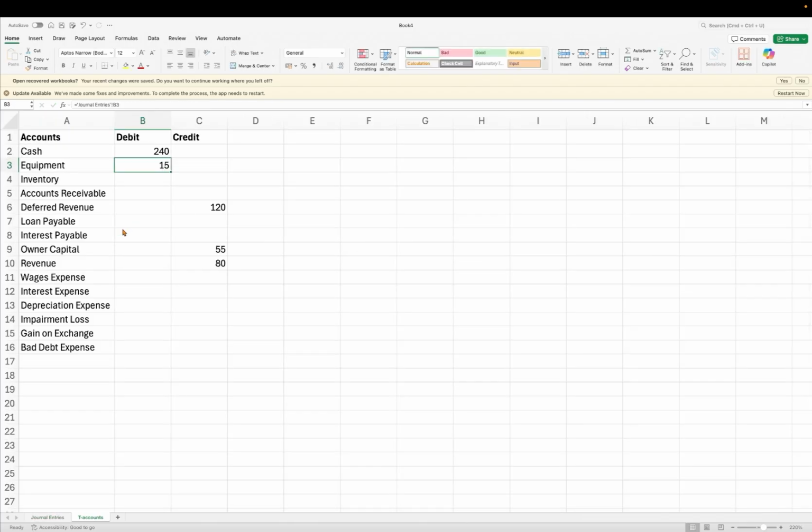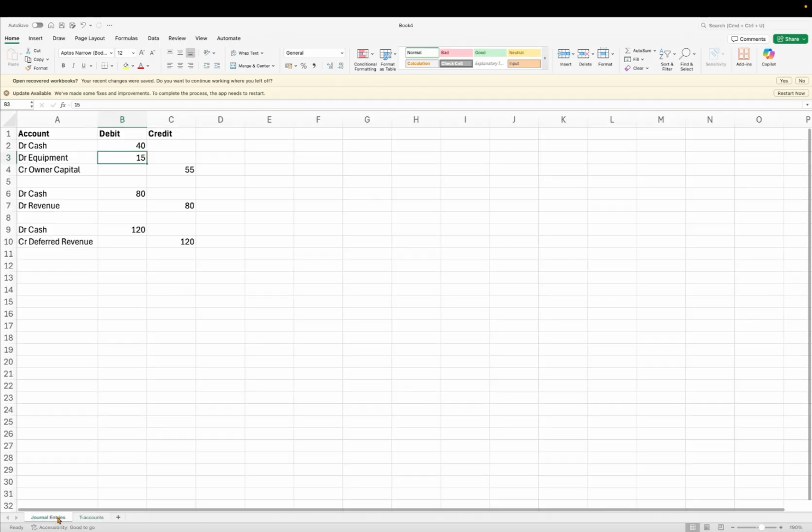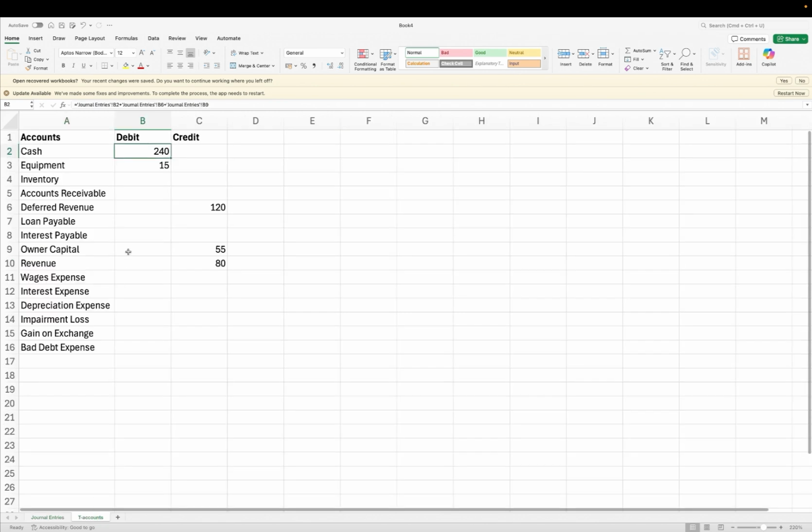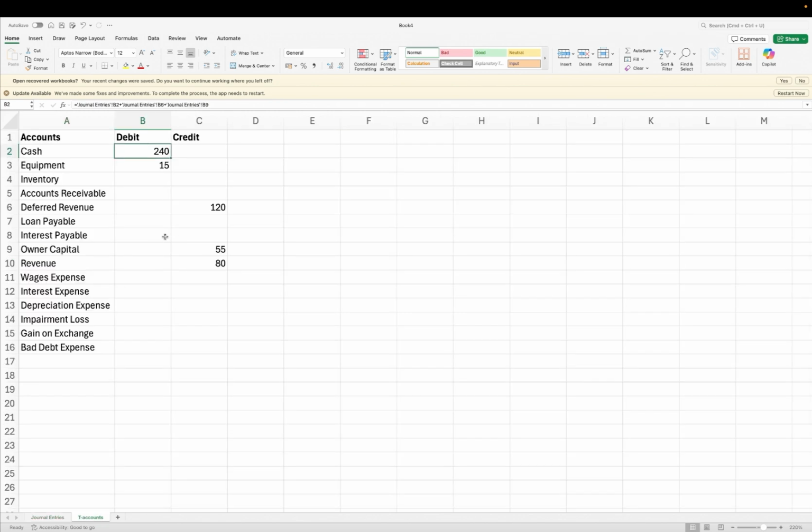So now it shows a total debit of 240. Now the third transaction has been posted to the ledger. The cash account increased again because the business received additional cash. However, this company has not yet provided the service, so the amount is recorded as deferred revenue, which is a liability. This means the business still owes services to the customer in the future.